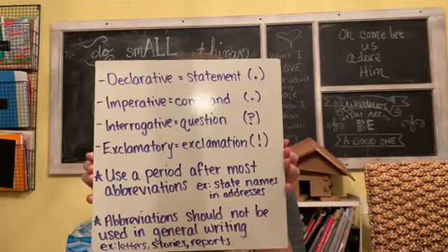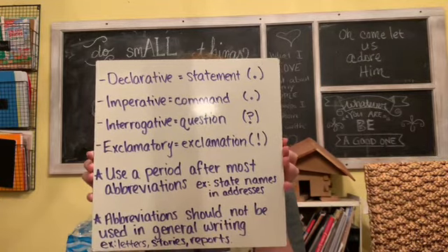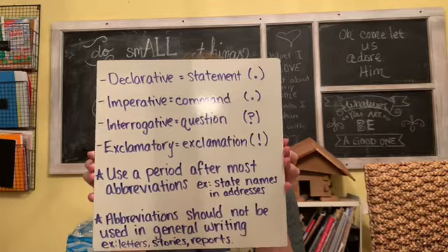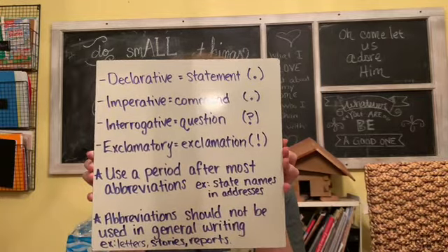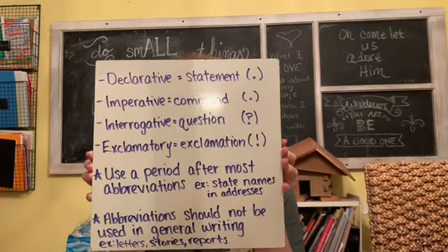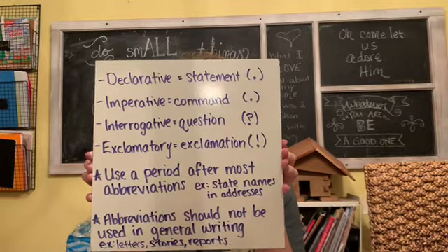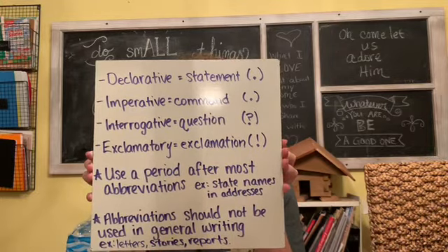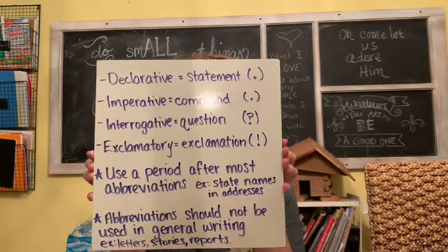An imperative sentence is a command. If I told you, go wash the dishes, I have commanded you to do something. Imperative sentences also end with periods. Sometimes imperative sentences can end with an exclamation mark, but normally they are going to end with a period.